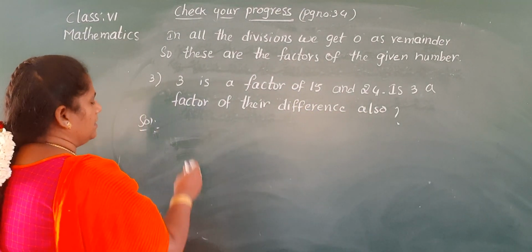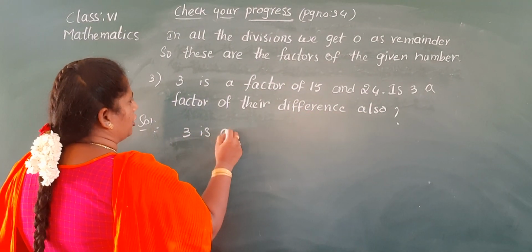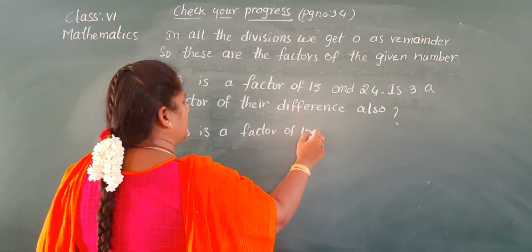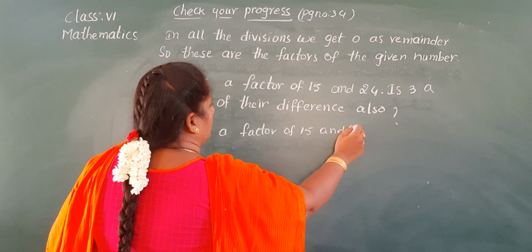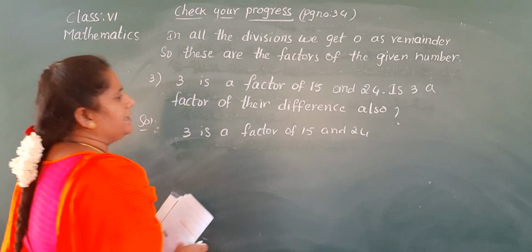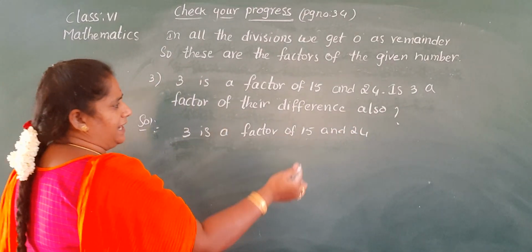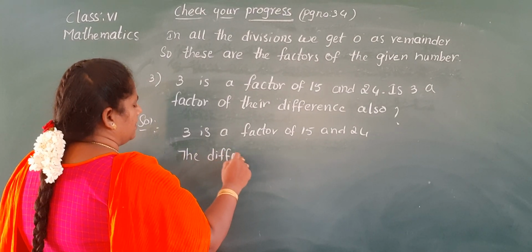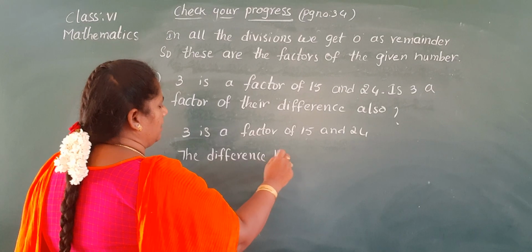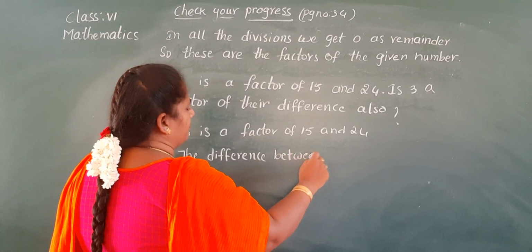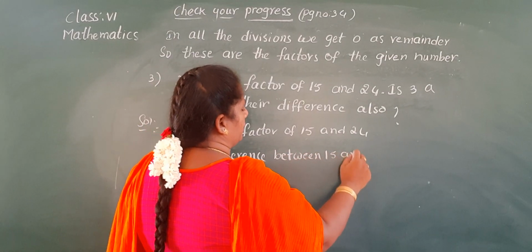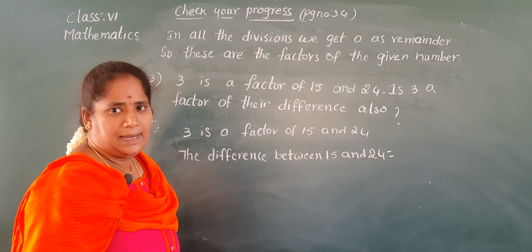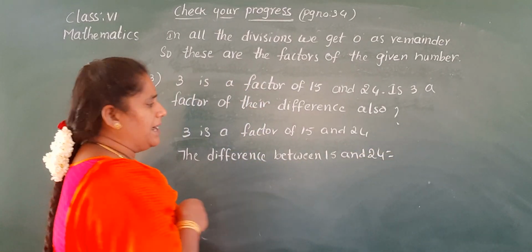So we will write 3 is a factor of 15 and 24. Now what are they asking? Is 3 a factor of the difference? Okay, the difference. Now we find the difference between 15 and 24. Difference means what do you do, children? Plus or minus? Yes, minus.